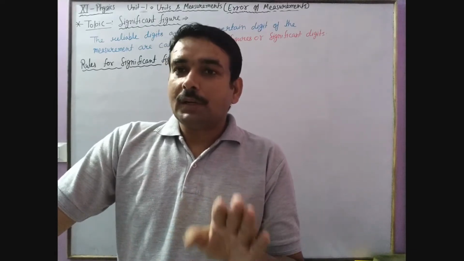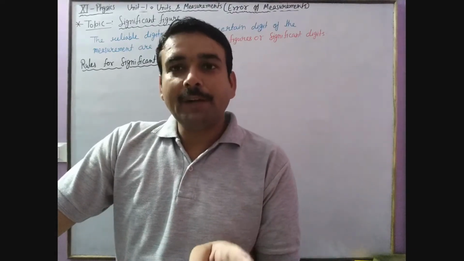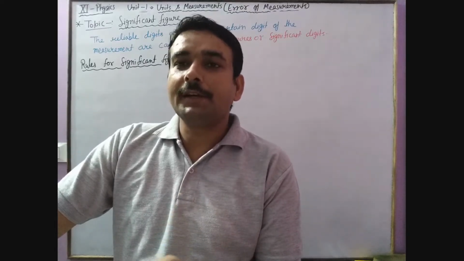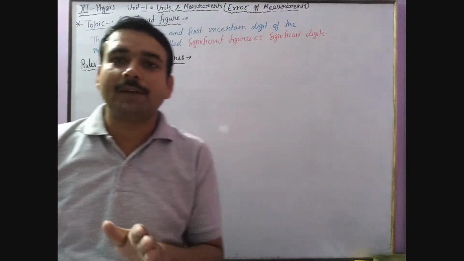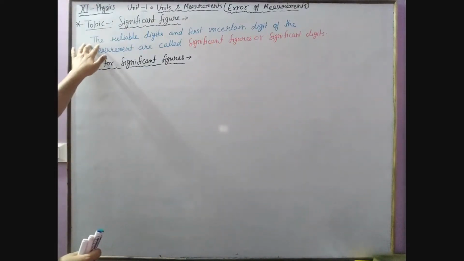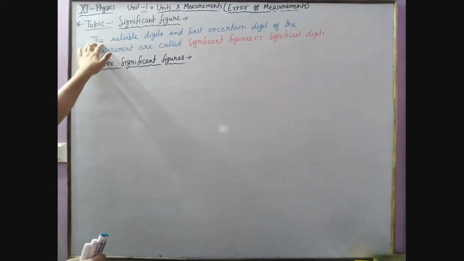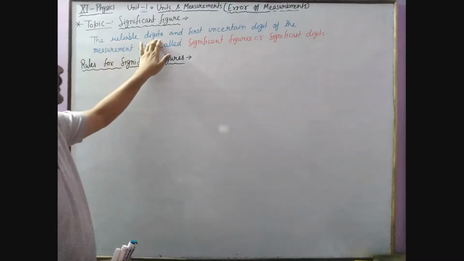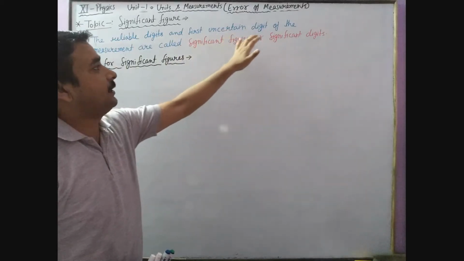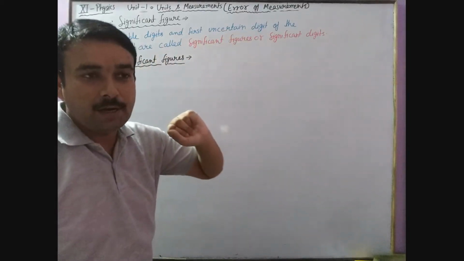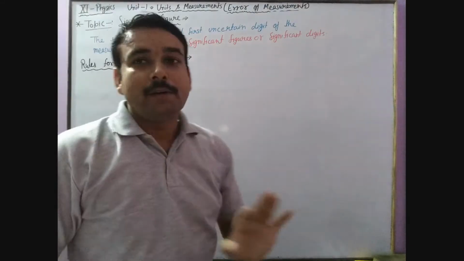So a measurement represented in the form of reliable and uncertain digits is known as significant figures or significant digits, as the significant figures are the reliable digits and the first uncertain digit of the measurement.